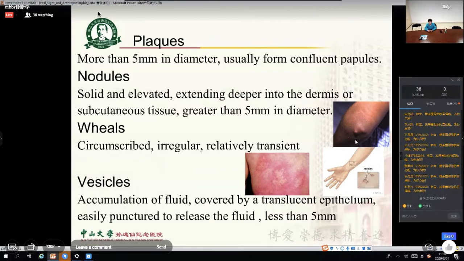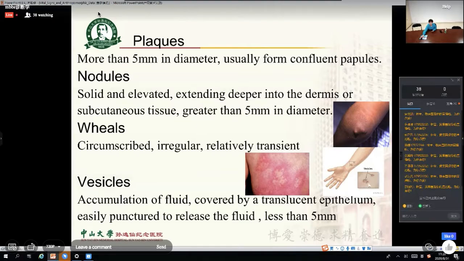This is what we call a nodule. And also we can see wheals. What are wheals? They are circumscribed, irregular, relatively transient, often seen in hypersensitivity to some foods or some drugs.